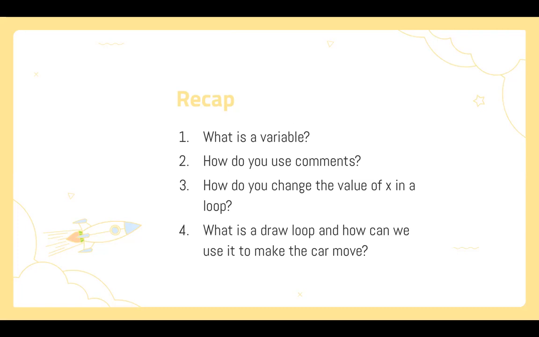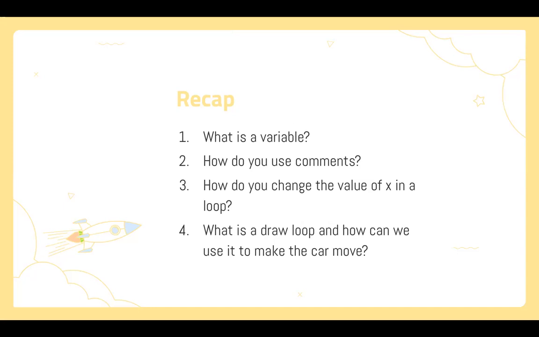All right. Last one, what is a draw loop and how can we use it to make the car move? So what is a draw loop? Wait, I'll let you guys answer that. Okay, so a draw loop is like a forever loop, and it essentially repeats something over and over again. And we use the draw loop to make the car move by constantly redrawing the car inside the draw loop.